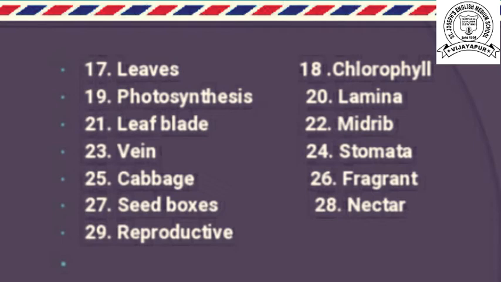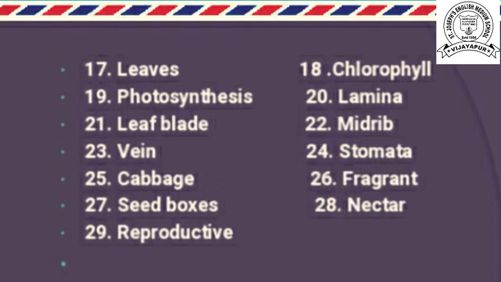Now 22, midrib. Midrib means a thin tube which runs in the middle of the leaf, and it is called a midrib. 23, vein. Veins are the small tubes which arise from the midrib, and they carry minerals, water and food also. 24, stomata.